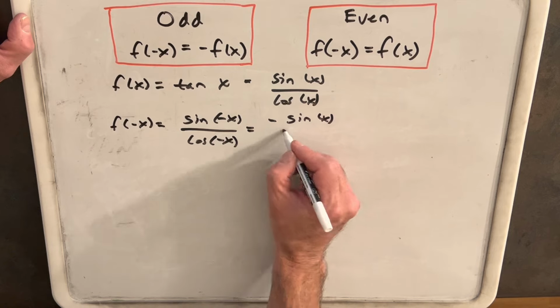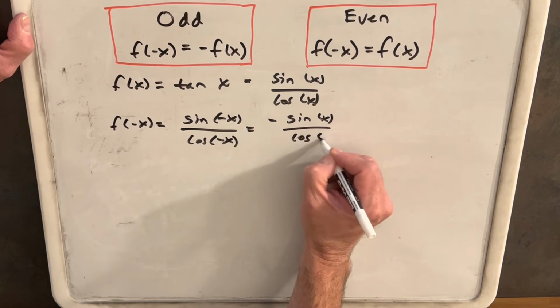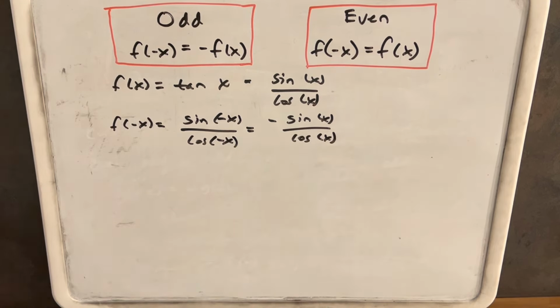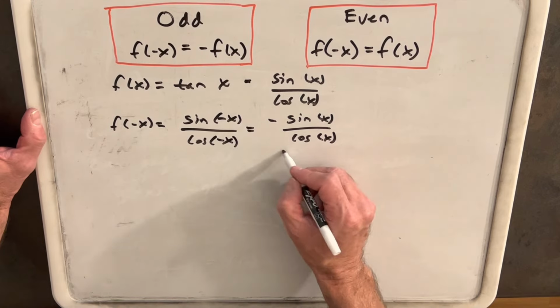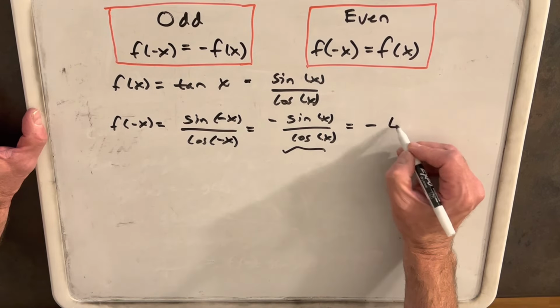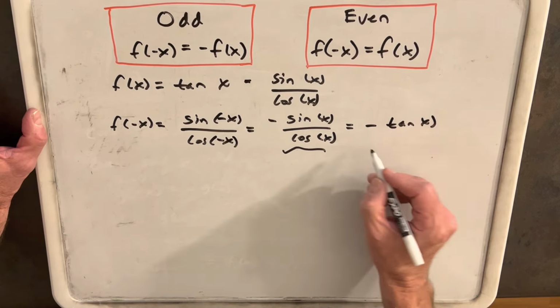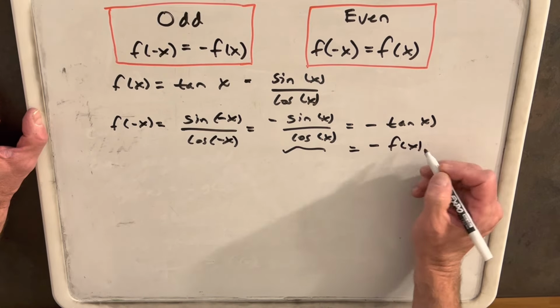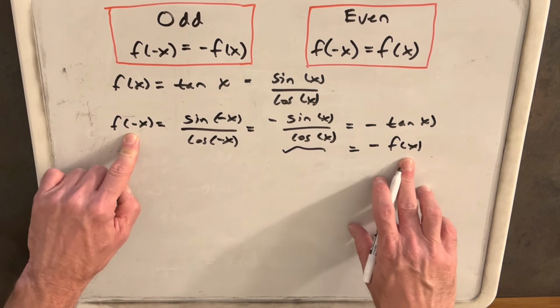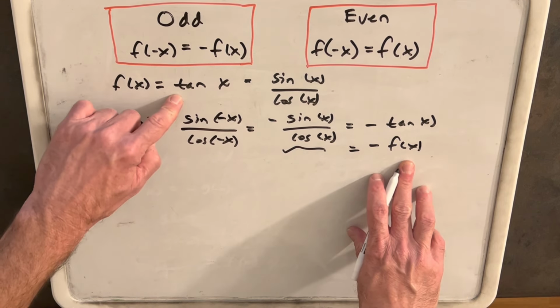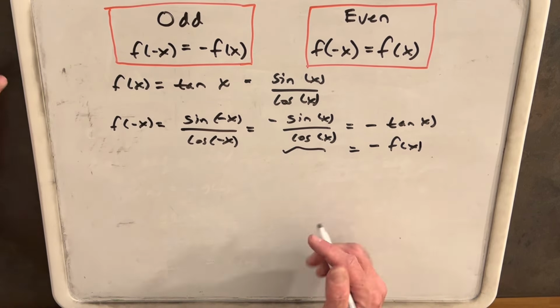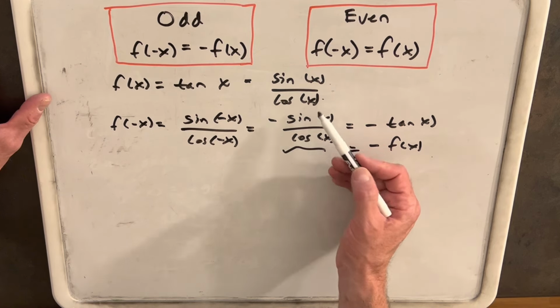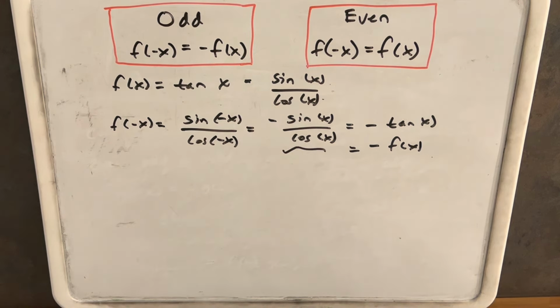Because cosine's an even function, we can write this as cosine x. But then what we have here is just tan, so we end up with minus tan of x. But that goes back to f of x, so we just have minus f of x. And so this is actually the definition of an odd function. So tan is odd, but that also means that odd over even is odd.